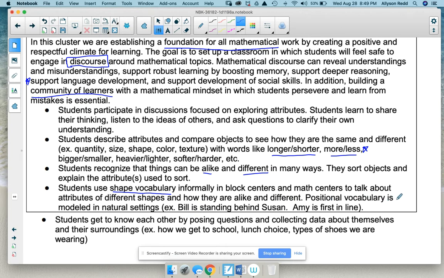I really like this positional vocabulary. Positional meaning just like where someone is in a given context. So Bill is standing behind Susan. Amy is first in line. Positional. Students get to know each other by posing questions and collecting data about themselves and their surroundings.